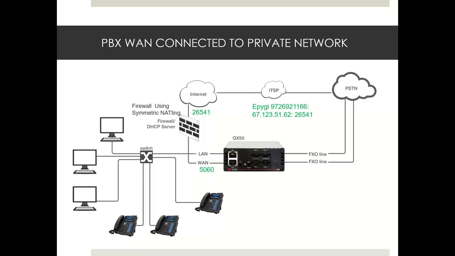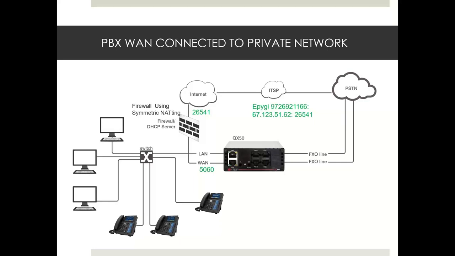So there's a couple things that have to take place. One is that port has to be kept open, the 26541. If that's the port that's going to be used by the firewall, that has to be opened at all times.